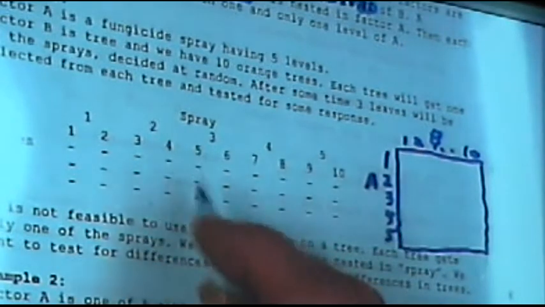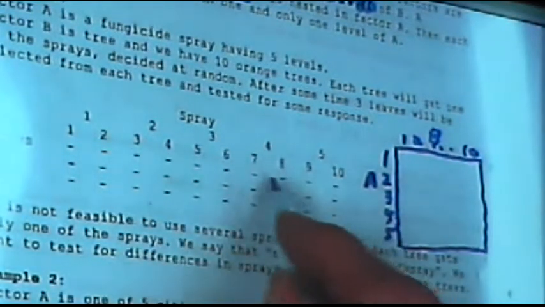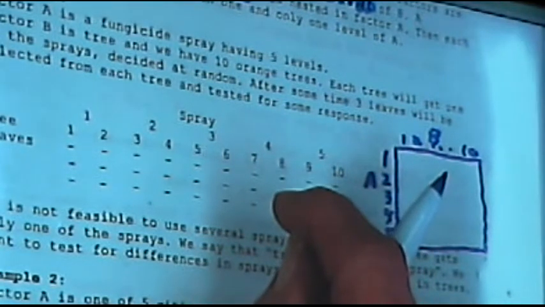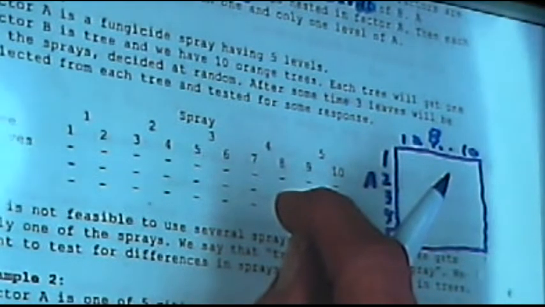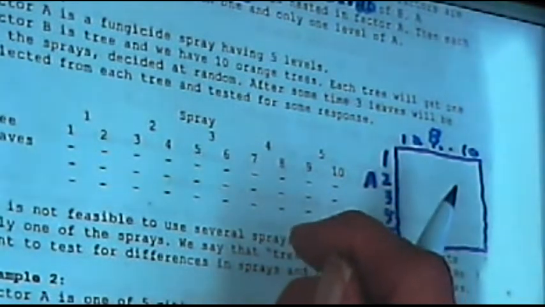So instead of calling these 1, 2, 1, 2, 1, 2, 1, 2, 1, 2, which we might have done before, that doesn't make any sense in this context because there's 10 trees as they're used here. One fungicide per tree.